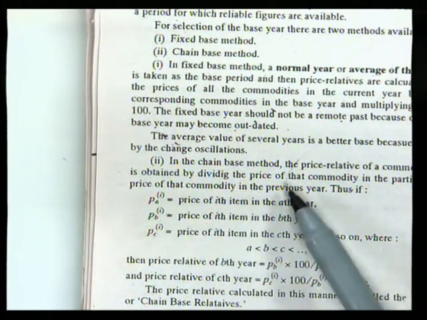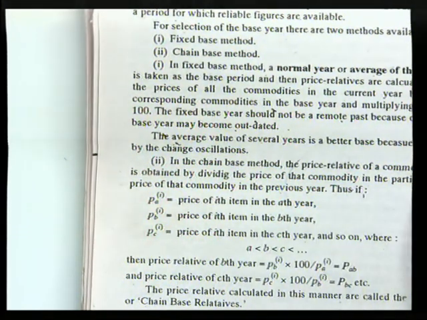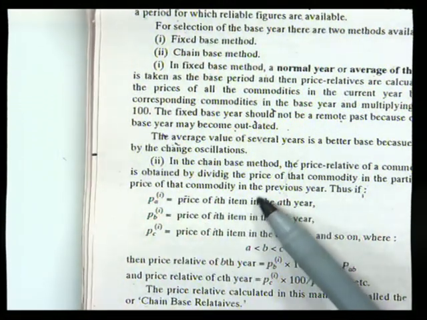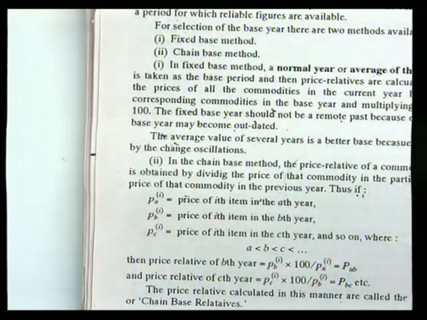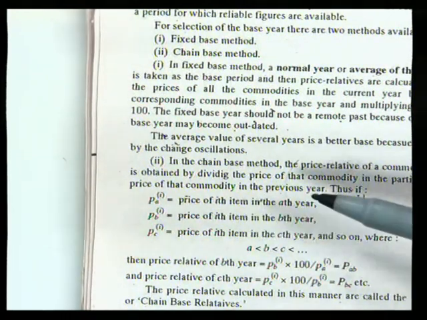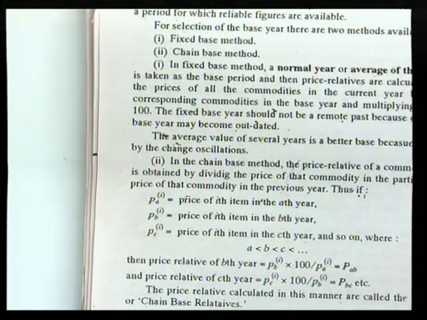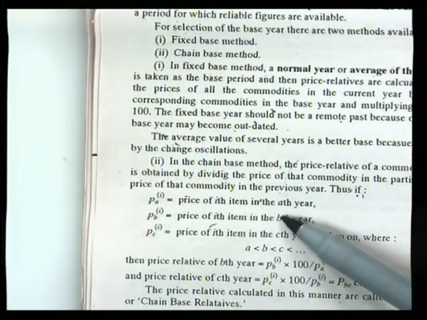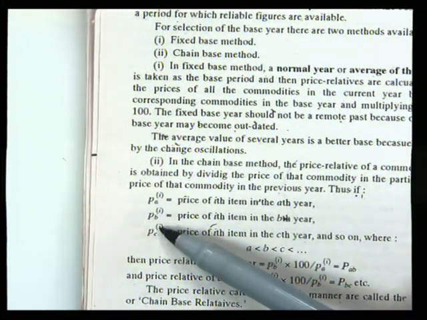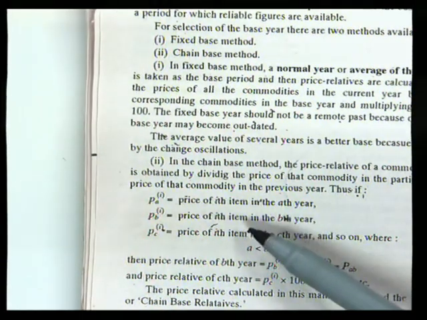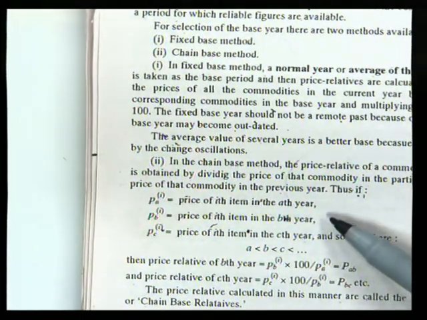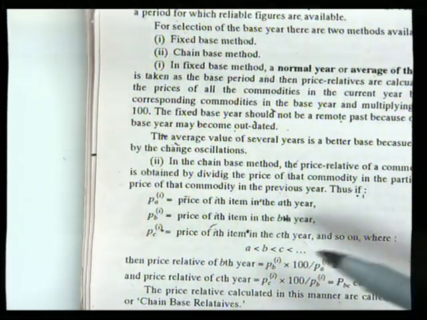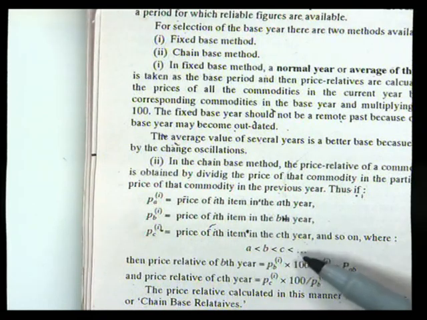In the chain base method, the price relative of a commodity for any year is obtained by dividing the price of that commodity in the particular year by the price of that commodity in the previous year. Thus, if PAI is the price of ith commodity in the ath year, PBI is the price of ith commodity in the bth year, PCI the price of ith item in the cth year, and so on, where A is less than B is less than C, and so on.